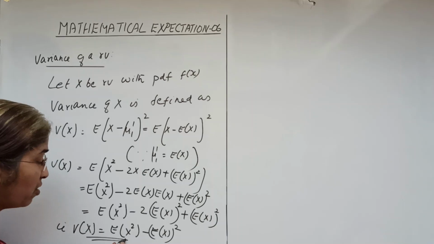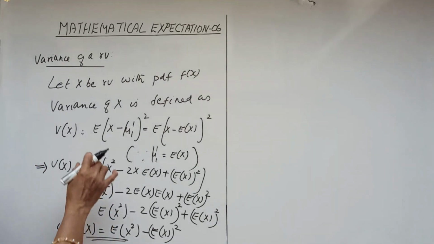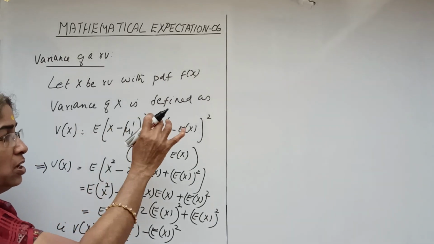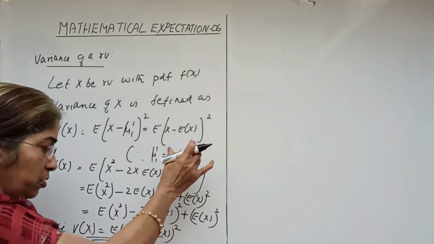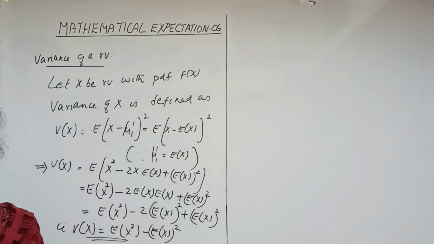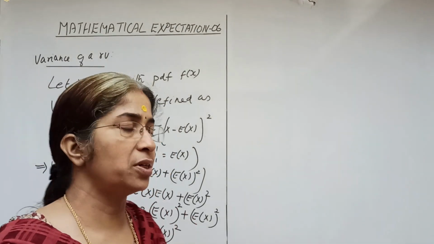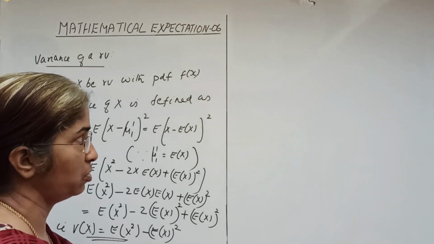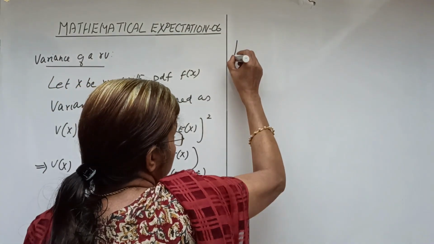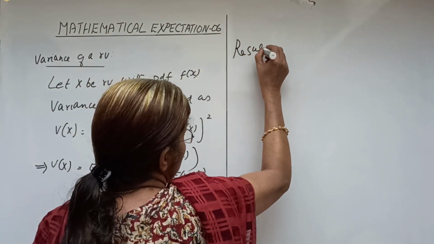This is the simplified form of the result. For doing problems, we use this result: variance of X equal to expectation of X square minus (expectation of X) whole square.